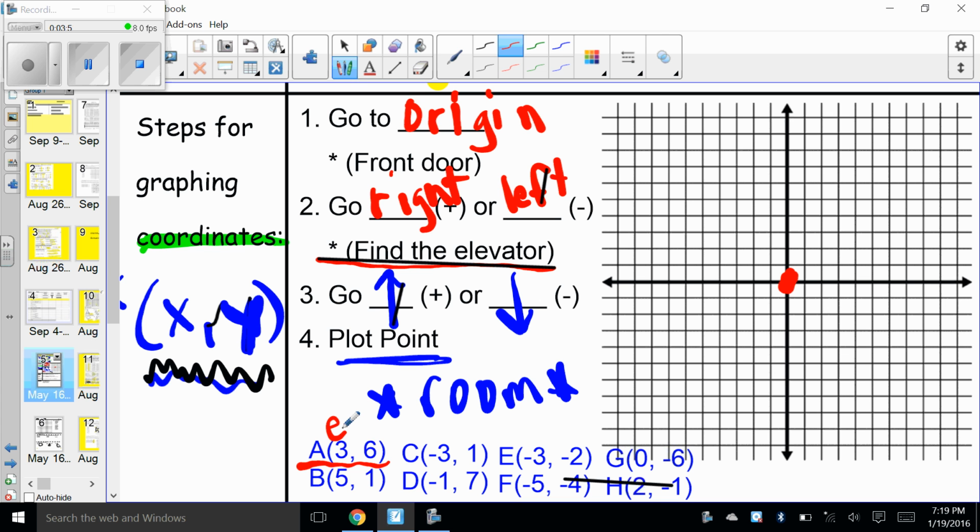The elevator is located at the 3rd door on the right. So you find the elevator and then you're going to go up 6 because it's positive. So we check into the front door, we go right 1, 2, 3, up 1, 2, 3, 4, 5, 6, and we have A. That's where player A is staying. Go ahead and catch up if you haven't been able to.